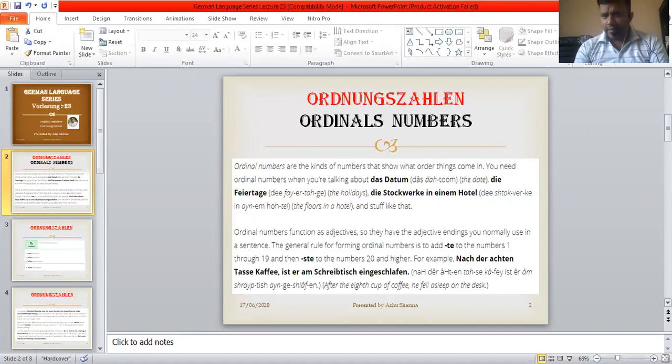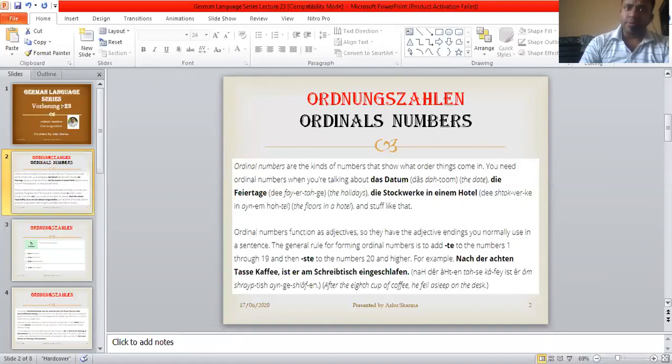So again, I will speak this sentence. Nach der 18. Tasse Kaffee ist er am Schreibtisch eingeschlafen. So this is the way you use ordinals when you have to put objects in order, with the concept of floors, holidays, or even when speaking out dates.